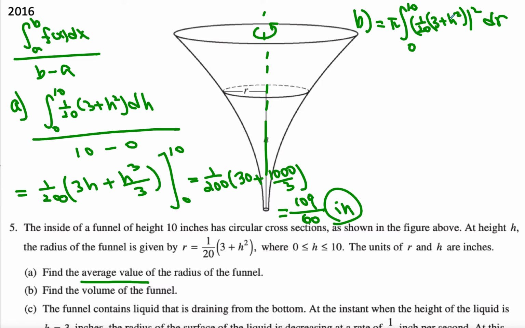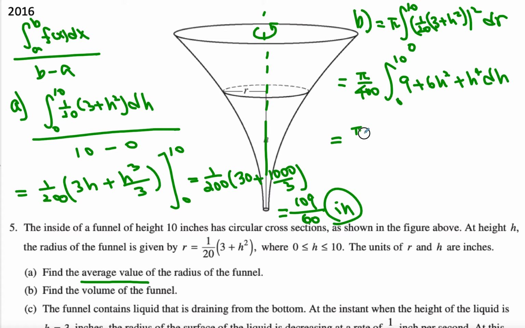I can bring out 1 over 20 squared, which is 1 over 400, so we get pi over 400 times the integral from 0 through 10. We need to expand this: 3 squared becomes 9, plus 6h squared plus h to the 4th power, dh.